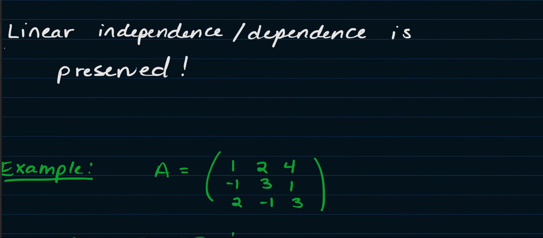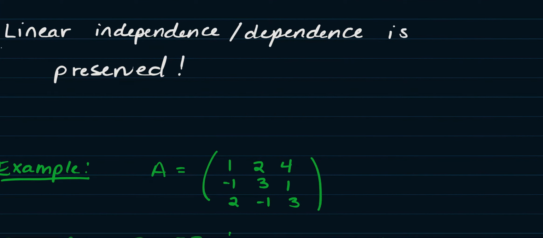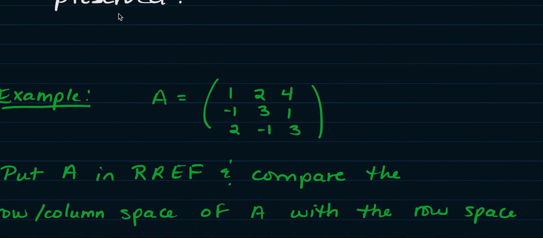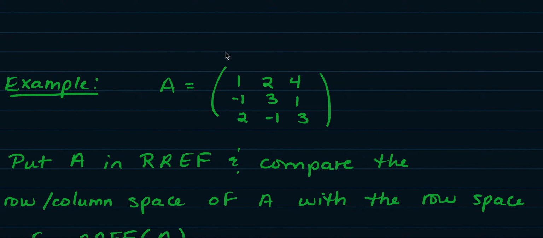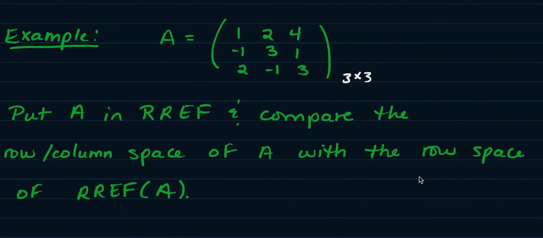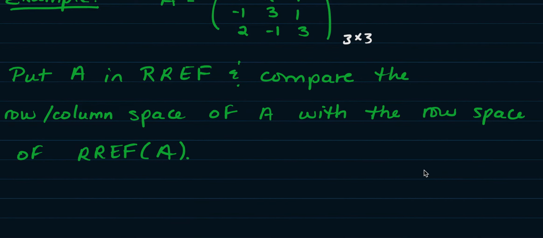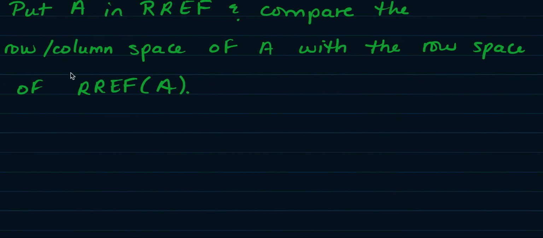Let's look at an example. So here I have the matrix A, it's 3 by 3, and we've seen it already. 1, 2, 4, -1, 3, 1, and 2, -1, 3. And I want to know what the row space and the column space of A are. Now we've already done the row space, so we can write this down again.